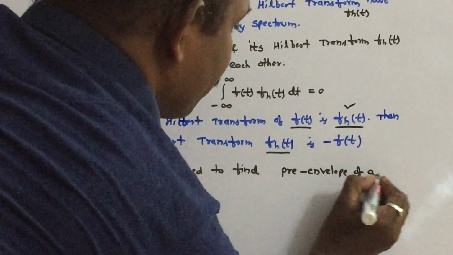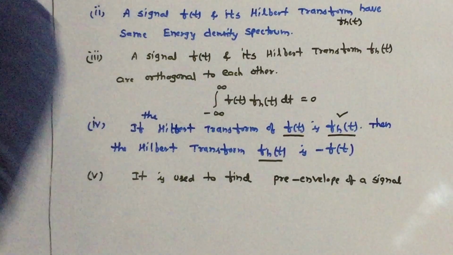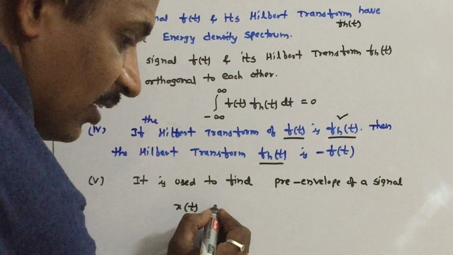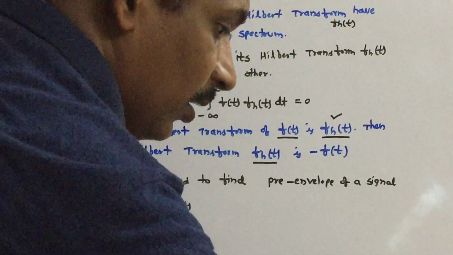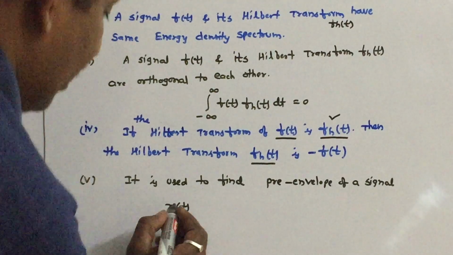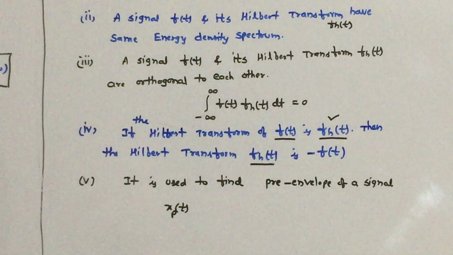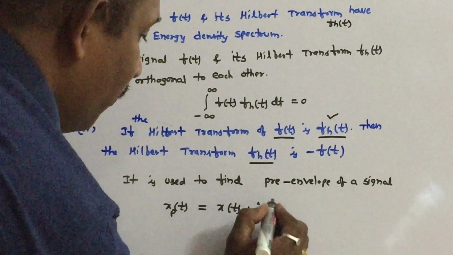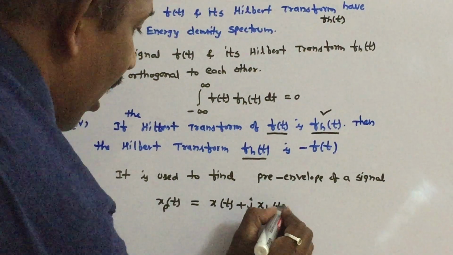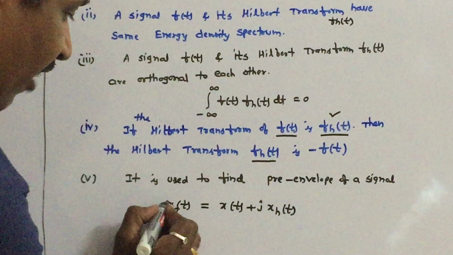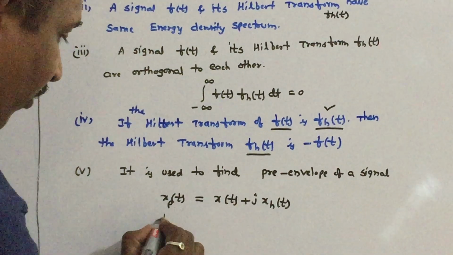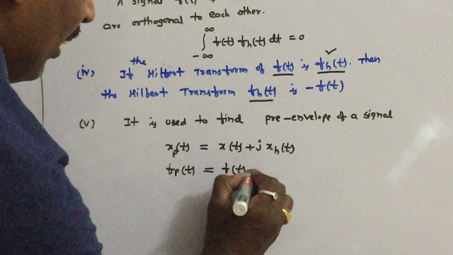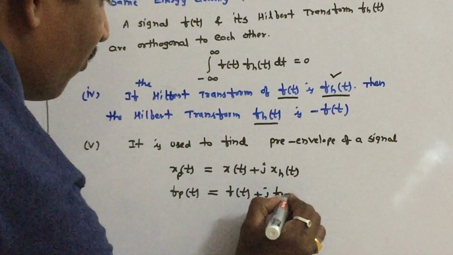The pre-envelope of a signal x of t, xp of t, is represented as x of t plus j into xh of t, or in terms of f: Fp of t, the pre-envelope of a signal f of t, is equal to f of t plus j into the Hilbert transform fh of t.